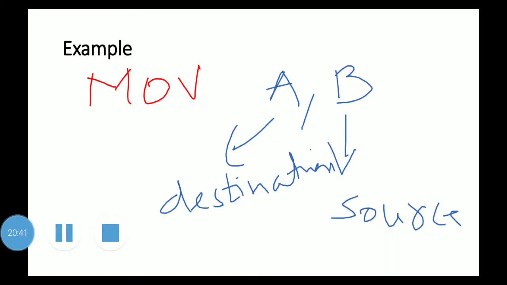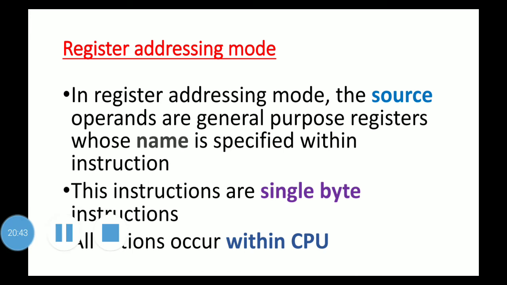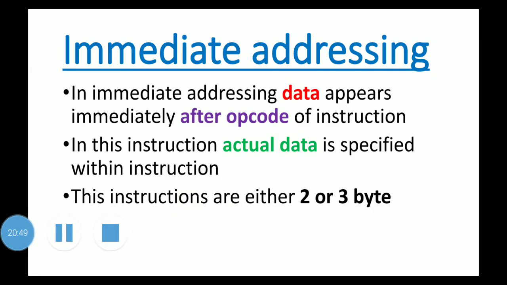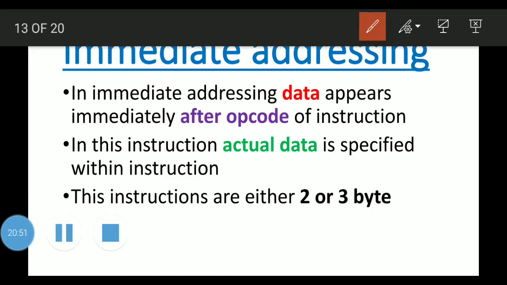Now we will see the third type of addressing mode, that is immediate addressing mode. In immediate addressing mode, data appears immediately after the opcode of the instruction. In this instruction, actual data is specified within the instruction. These instructions are either 2 or 3 byte.